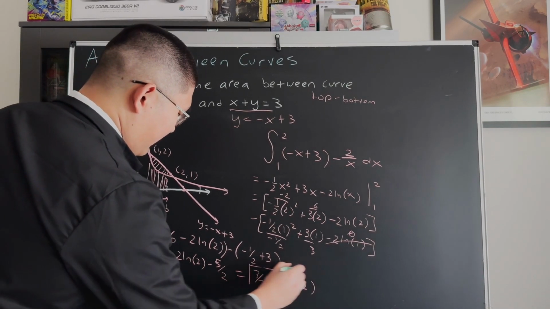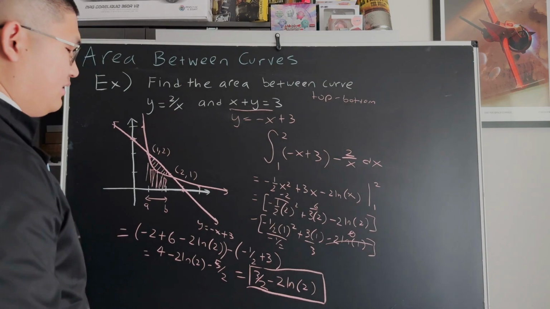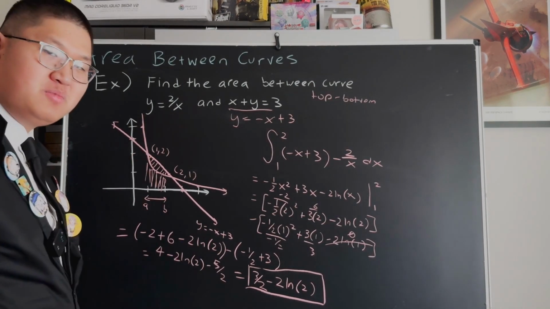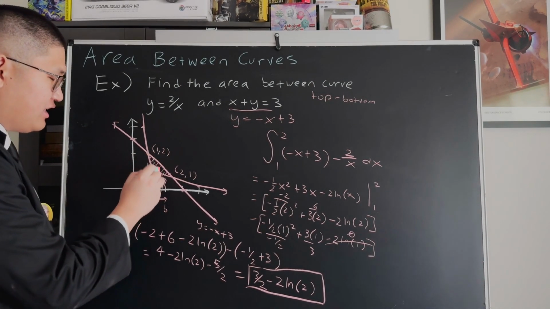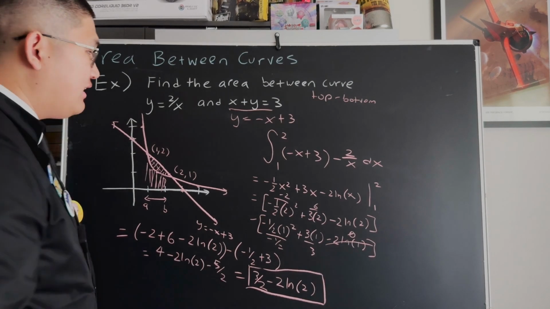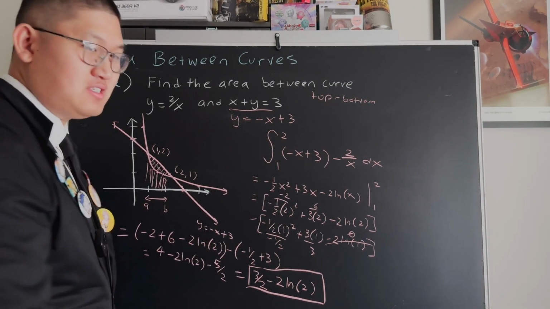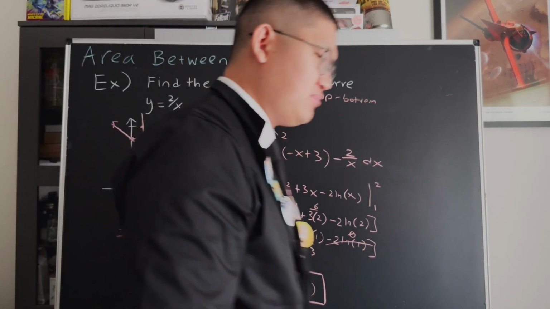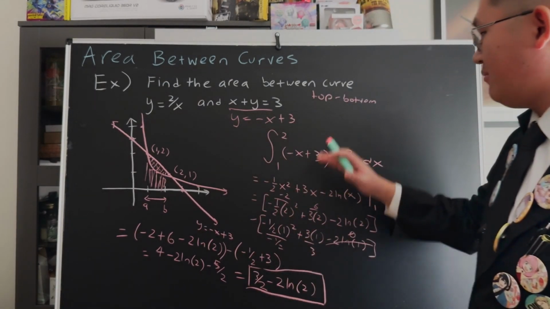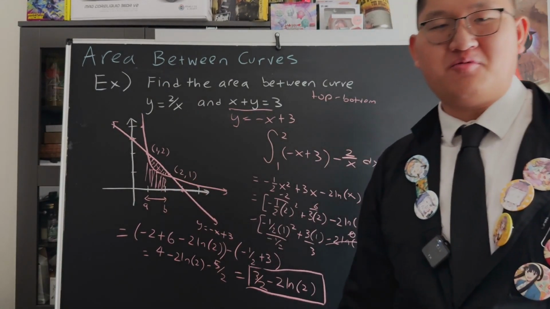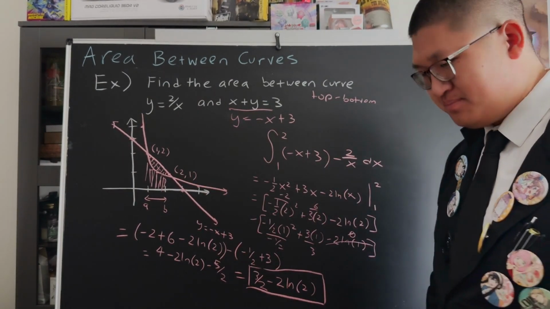Okay, and that right there will be the complete area that is bound between both curves, in that shaded region that we have right there. And that's because we can subtract the different areas from a top minus bottom perspective, and therefore we get something like that.